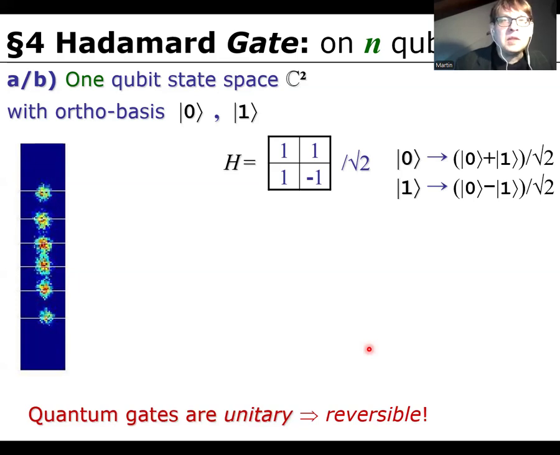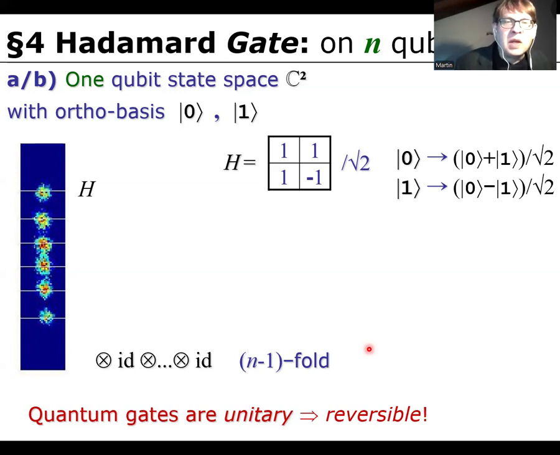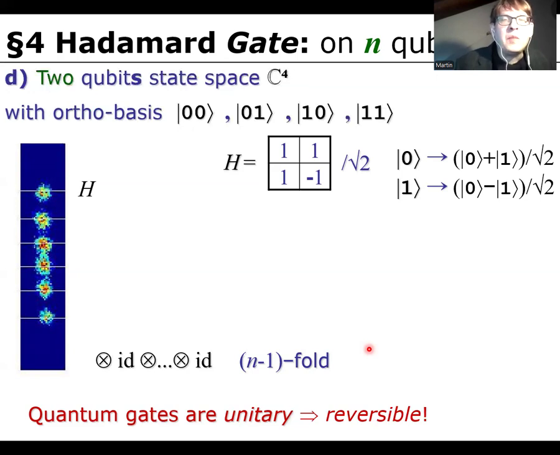This is acting on 1 qubit, meaning that on the other qubits, again, we have the tensor product of the identity 2 times 2 matrices. But now we're going to consider a Hadamard gate on 2 qubits, which is the tensor product, not the Cartesian product, but the tensor product of 2 Hadamard matrices operating on 2 qubits.